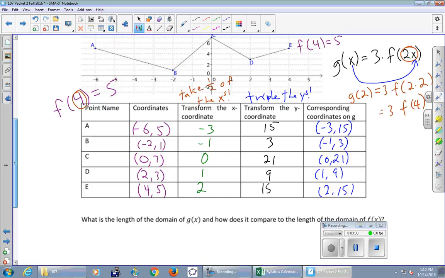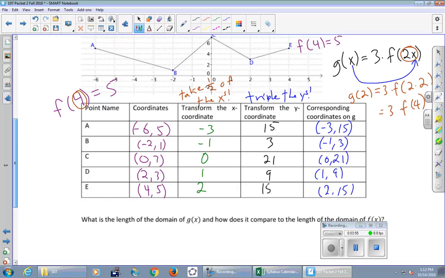And right now I'm back to the same f of 4 point. This is the transformation of that point f of 4. Even though it says 2x, that 2 is going to double something. So if we want to undo it, then we better take half of our number to start with, because it's going to get doubled before the f function comes into play.